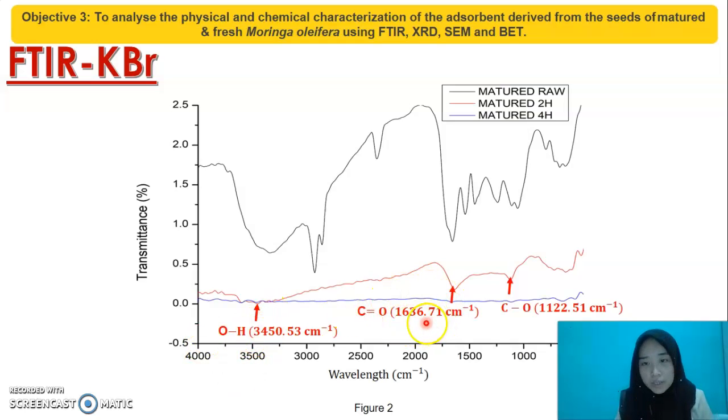At 1636.71 per centimeter, it also was assigned to C double bond O, which is the carbonyl group that can be found in the protein and fatty acid structures. And lastly, we have 1122.51 was assigned to CO, which is the CO stretching, which is from ester group.